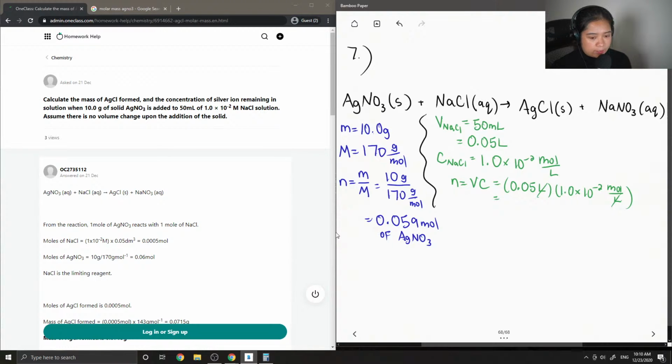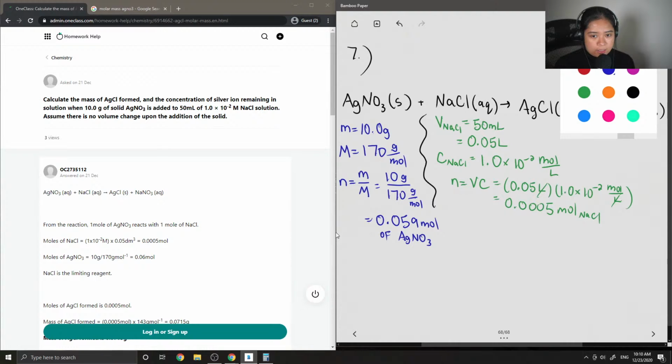And then we end up with 0.0005 moles. Okay, so already we can see that our sodium chloride is our limiting reagent.